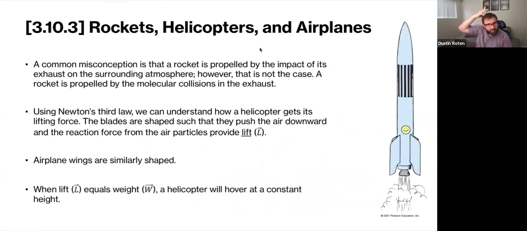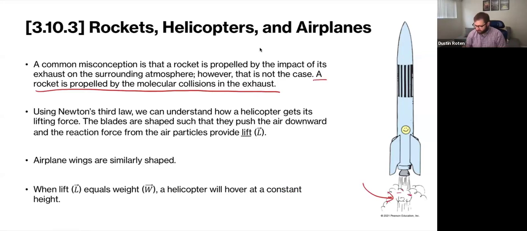Now we can actually keep applying this to rockets, helicopters, and airplanes. So a common misconception is that a rocket is propelled by the impact of its exhaust on the surrounding atmosphere, but that's actually not true. A rocket is actually propelled by the collisions within the exhaust itself. So if we look at this picture, down here, all these little molecules, they're bumping into each other while they're coming out, right?